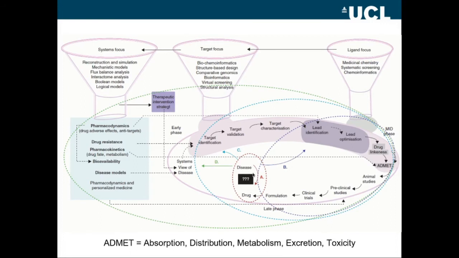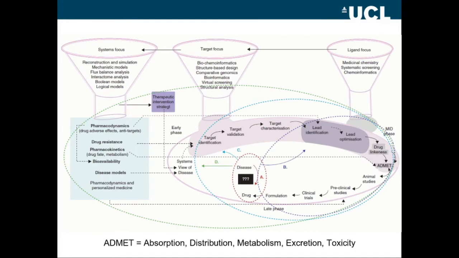The slightly more complicated approach then is to go through a process whereby we're identifying a lead molecule. This is pathway B. We identify a lead molecule, we're trying to optimize that, we're looking to see how drug-like it is.